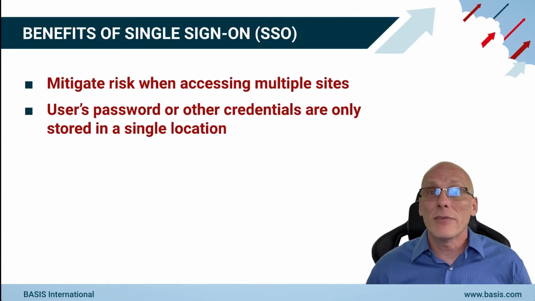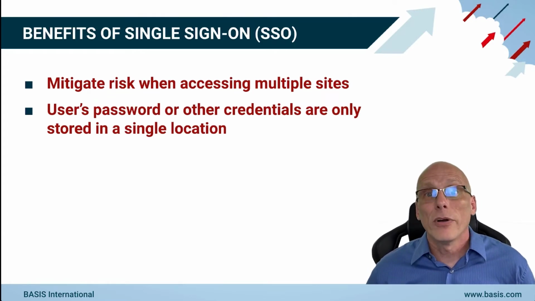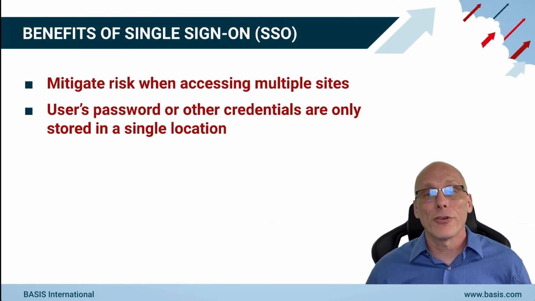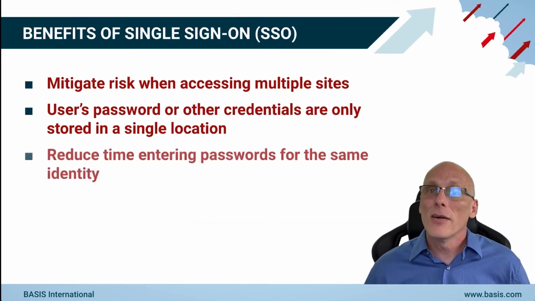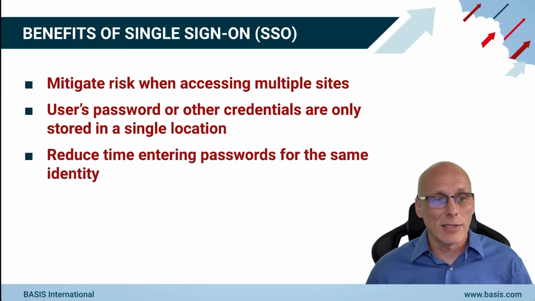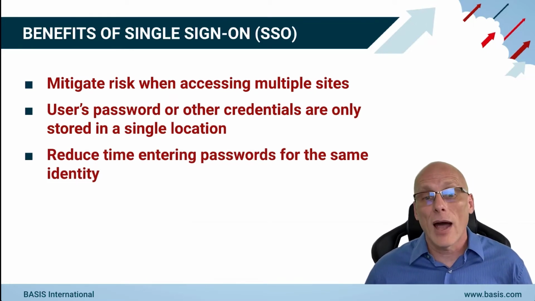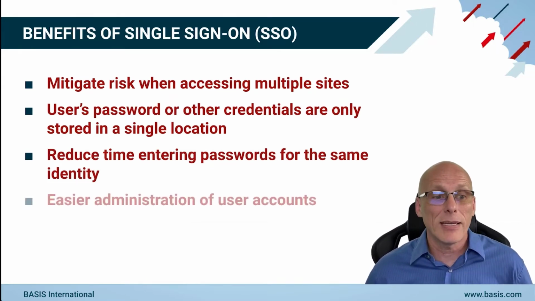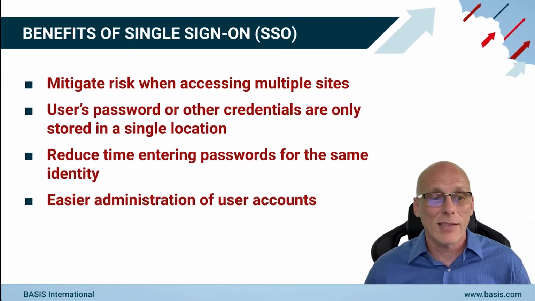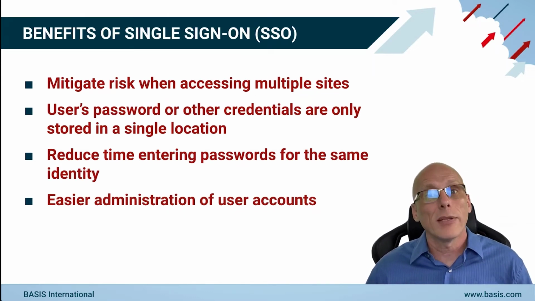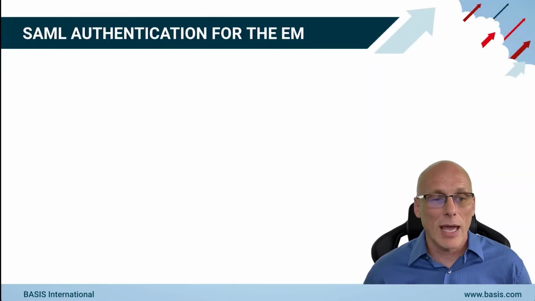You didn't have to give that website your user credentials. You were able to just log in with that other identifying mechanism. And so that's one of the great benefits with single sign-on. It helps to reduce time entering passwords for the same identity, so you don't have to log into multiple sites. And it's also easier administration of user accounts because you have one central location to manage those accounts.